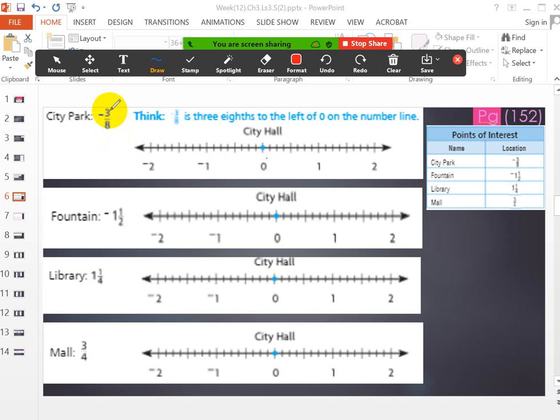In the numerator we will move 3 parts. 3/8 means I will move 3 parts of 8 parts. That means the distance from 0 will be 3 from 8. So let's count 1, 2, and 3. This is 3/8, but on the negative side.